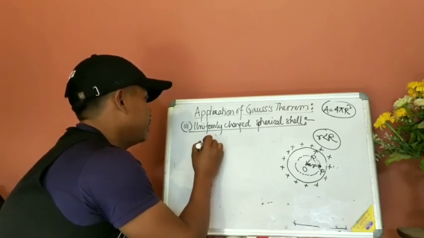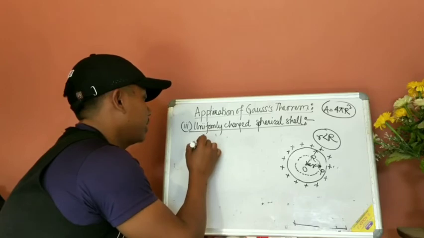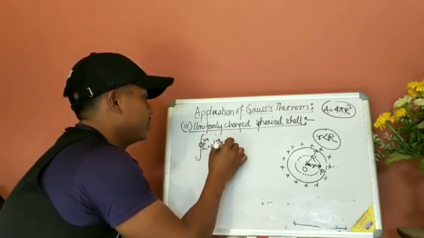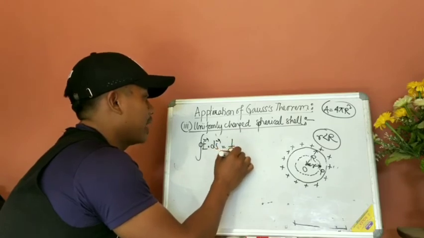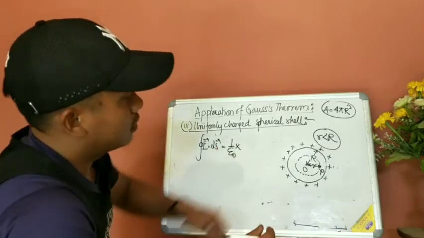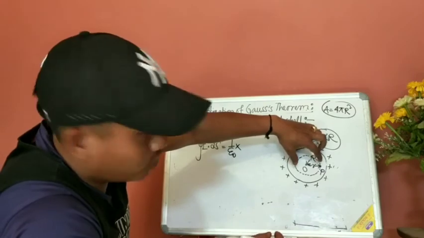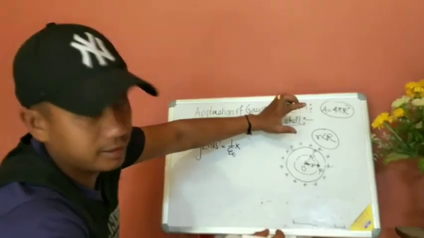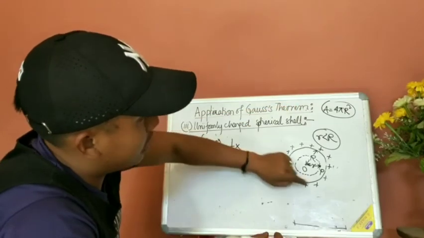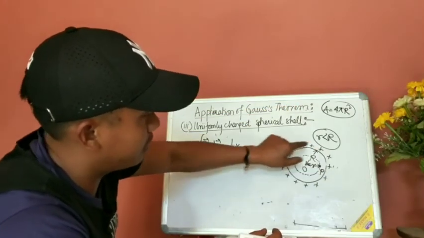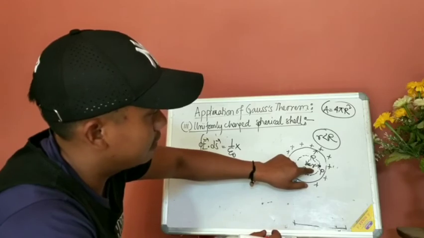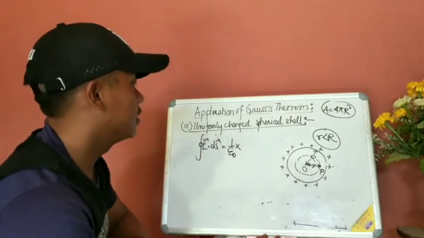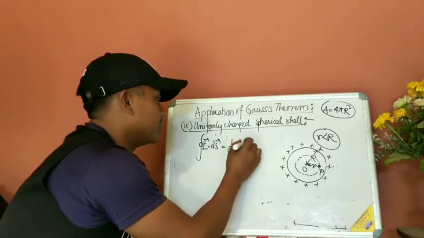Then closed integration of E vector dot ds vector will be 1 by epsilon naught times the charge enclosed. Let us think about the Gaussian surface. Charges reside only on the surface of the outer sphere, not inside the Gaussian surface. So the charge enclosed would be 0.